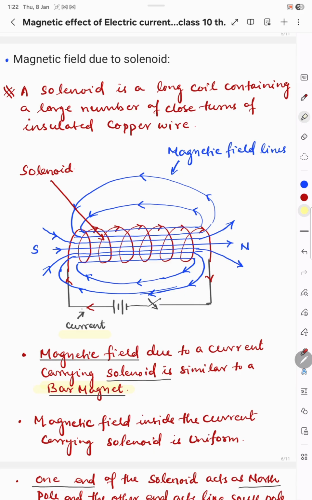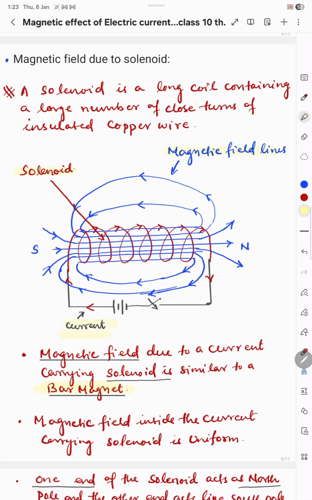Now this coil is connected to a battery and the current is flowing through it. So this current is flowing through this. As the current flows, this magnetic field is generated. You can see the magnetic field lines here, and this is the solenoid which is the central part.